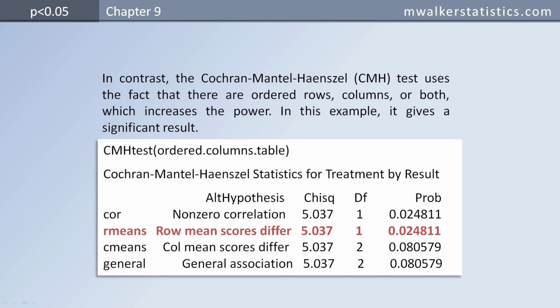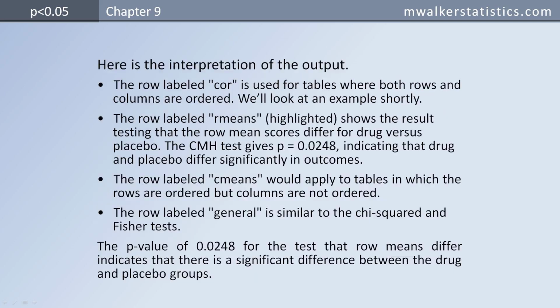In contrast, the Cochran-Mantel-Haenszel CMH test uses the fact that there are ordered rows, columns, or both, which increases the power. In this example, it gives a significant result. Here is the interpretation of the output. 1. The row labeled cor is used for tables where both rows and columns are ordered.